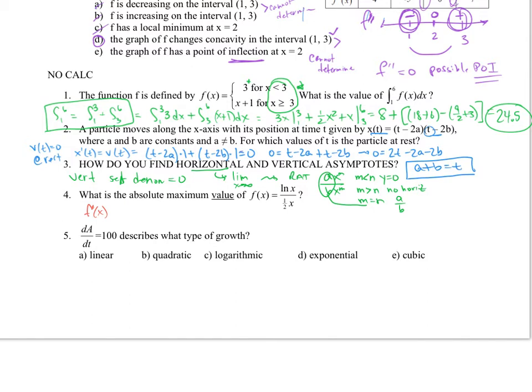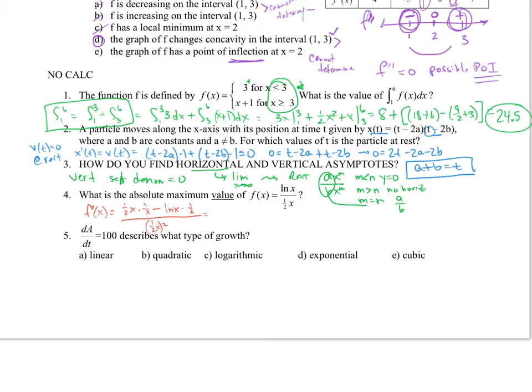So f prime of x is going to be 1/2 x times 1 over x, so that's the bottom, times the derivative of the top, minus the top, which is ln x times 1/2, over the bottom, which is 1/2 x squared.